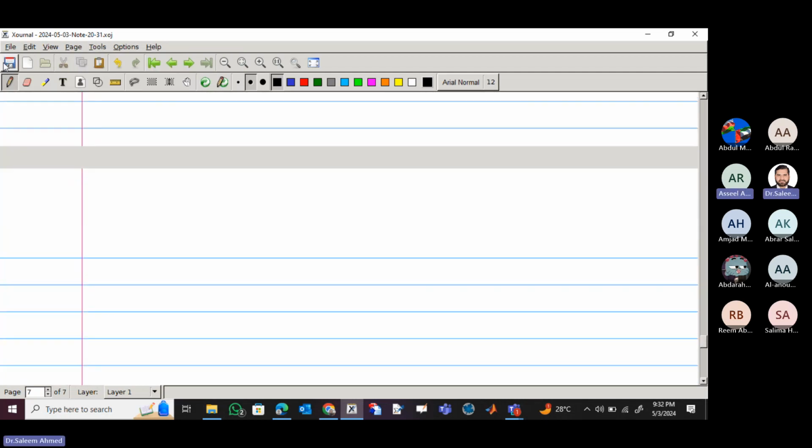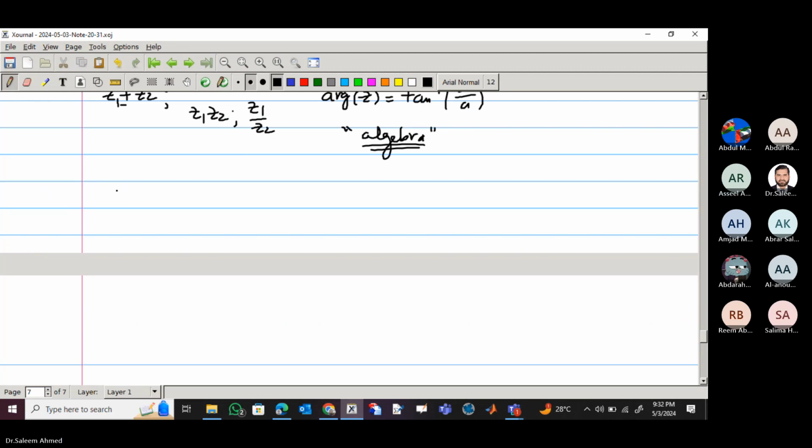Let's say I quickly do Z1 multiplied by Z2. If you have a complex number 1 plus 2 iota times minus 3 plus iota, whatever that is, it's regular: multiply 1 by minus 3, 1 by iota, 2 iota with minus 3, 2 iota by iota. But remember that iota square is minus 1.